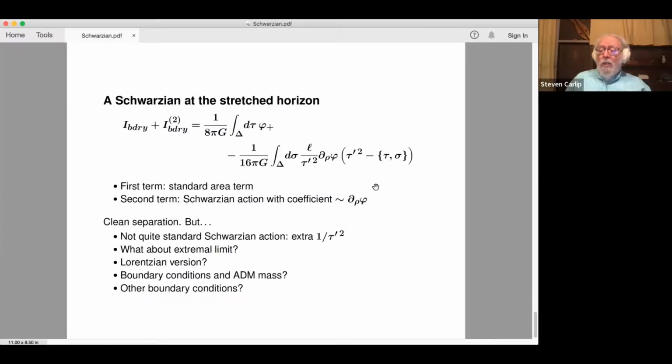In the nearly anti-de Sitter case, there is an explicit breaking of reparameterization invariance that's made during the calculation that gets you to the Schwarzian.